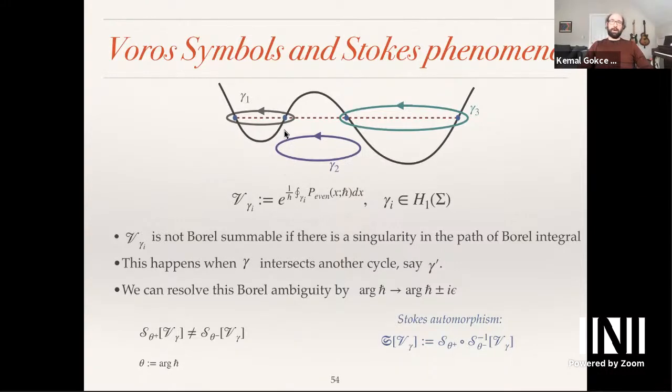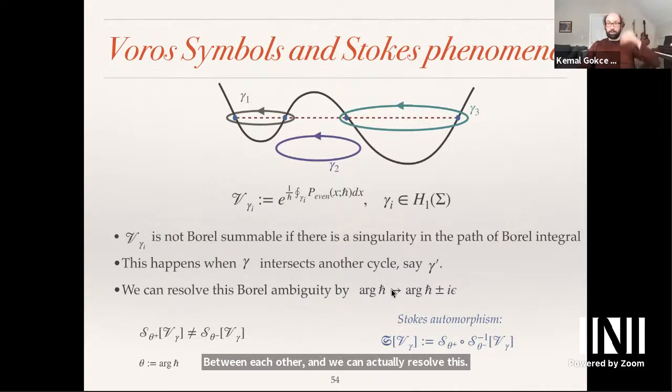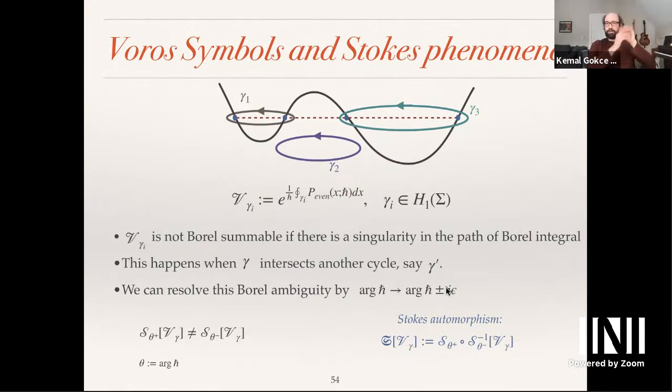We can resolve this by turning on some imaginary part of H bar, or if this happens for complex H bar, by rotating H bar a little bit in the complex plane.